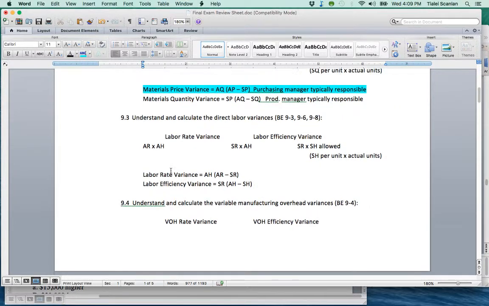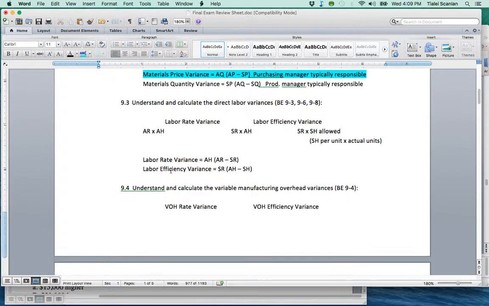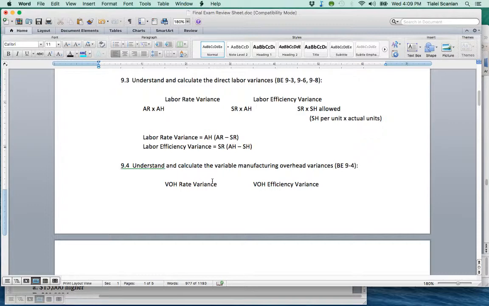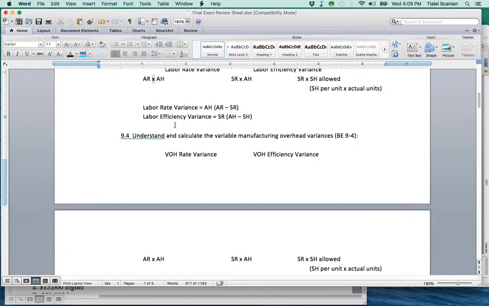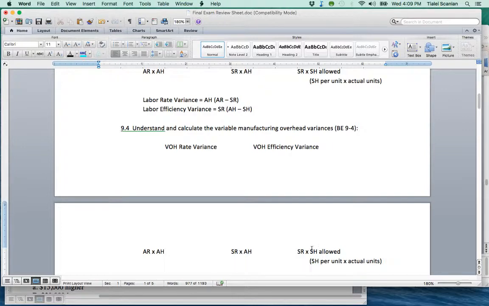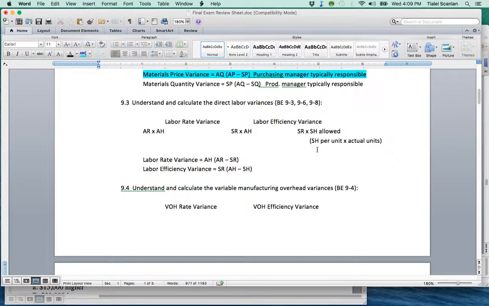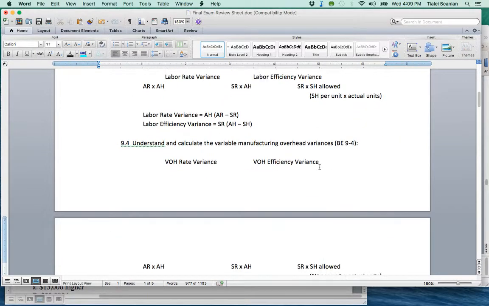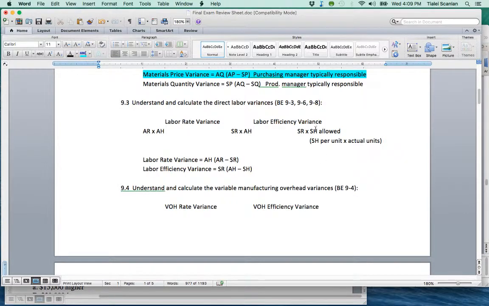The direct labor variances and the overhead variances are very similar. It's the same equation: actual rate times actual hours, exact same formula. For the overhead variances, the standard hours are going to be exactly the same as the labor standard hours, because they apply variable overhead based on direct labor hours.